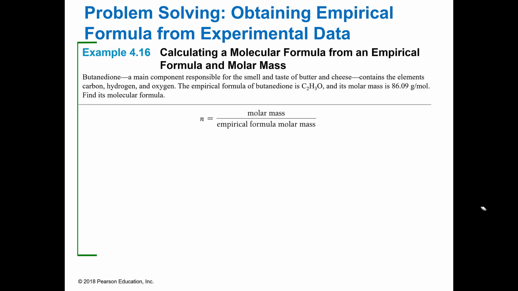Butane-dione, very smelly, very nasty, contains carbon, hydrogen, and oxygen. The empirical formula for butane-dione is C2H3O. So that's the empirical formula. Its molar mass, the real molecule, has a molar mass of 86.09.